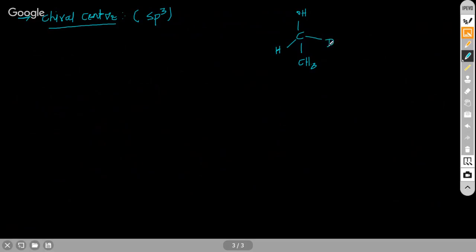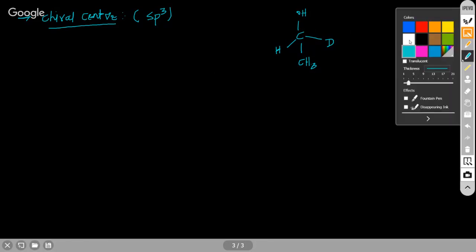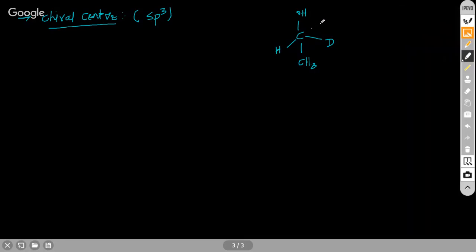Now, when I talk about this carbon, first of all, the atom must be sp3 hybridized. So this carbon atom is sp3 hybridized, and there are four different atoms or groups attached to it: OH, H, CH3, and D. Since there are four different atoms or groups attached to it, this carbon is a chiral carbon. And chiral carbon we denote by a star. Right? Star mark means this carbon is the chiral carbon.